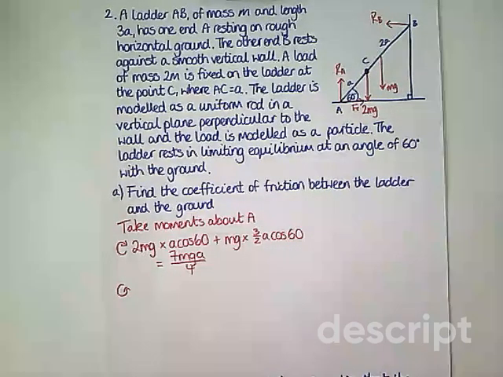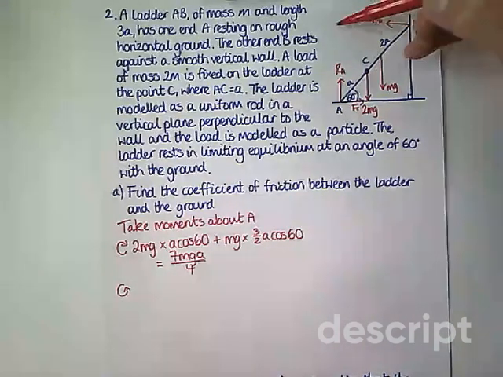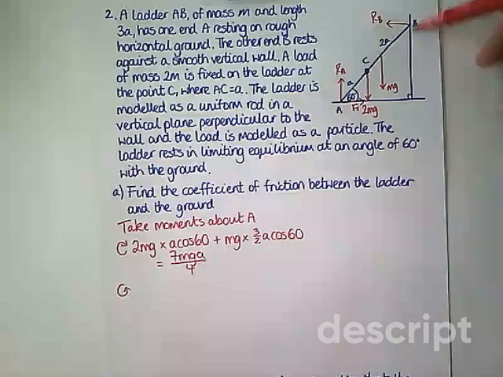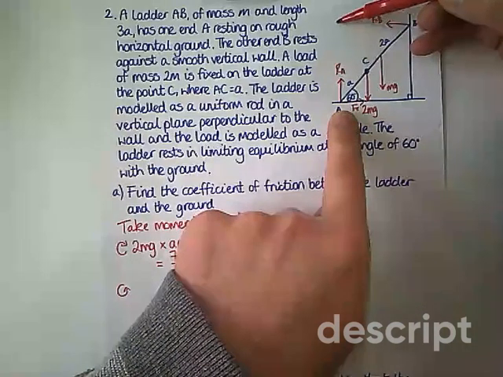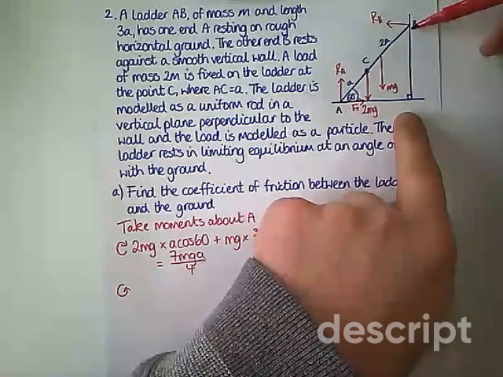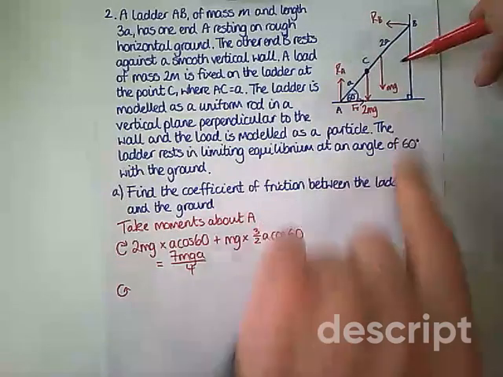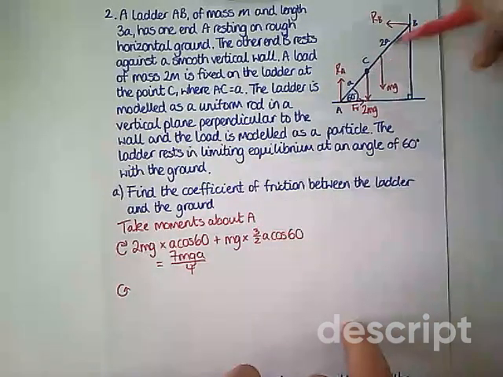Okay, and then our anticlockwise moment is created by the reaction force at B. So we need this perpendicular distance. That's how far it is away from the point A. If we were to carry this force across, so we need that length there. So that is the opposite side of this big triangle that's created by the ladder and the wall and the floor.